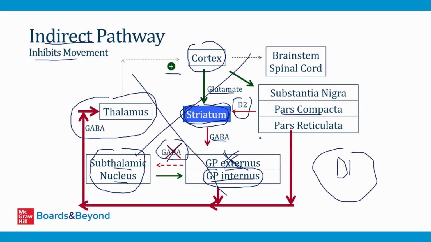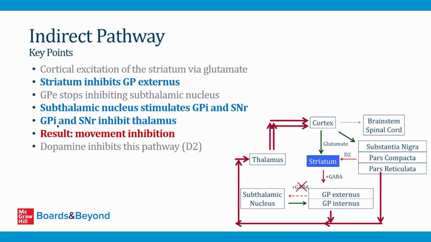So the key point here is that dopamine from the pars compacta has a dual purpose. It increases the activity of the striatum through D1 receptors, and it decreases the indirect pathway activity using D2 receptors found in the striatum.